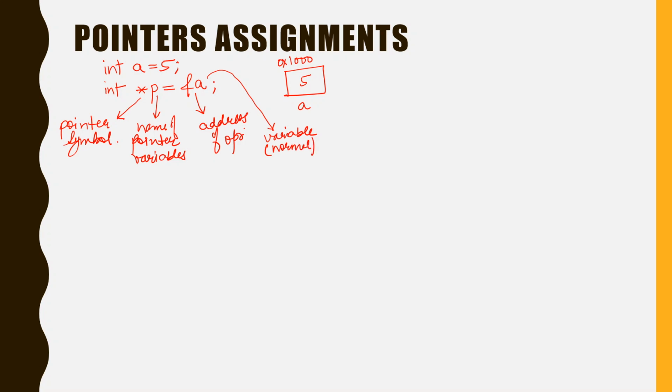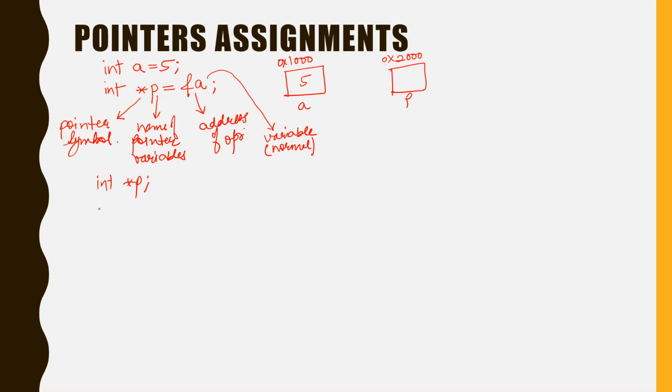Now what does it mean, integer pointer p? Writing only this creates a variable whose name is p, and it also has some address. Suppose I take it to be 2000. Writing a pointer p means it is a pointer variable and it will only store addresses, not values.